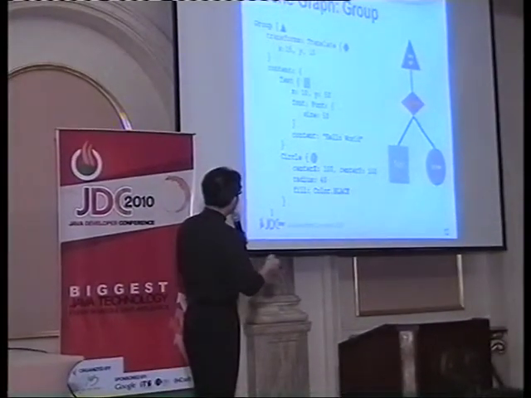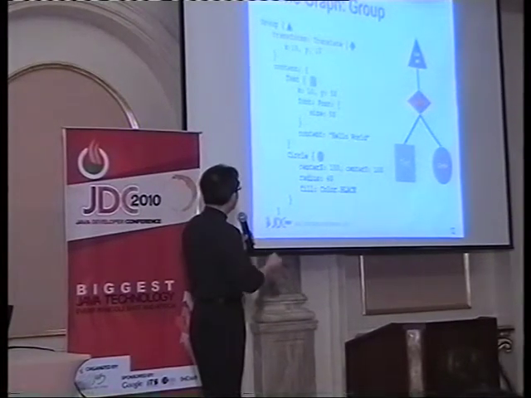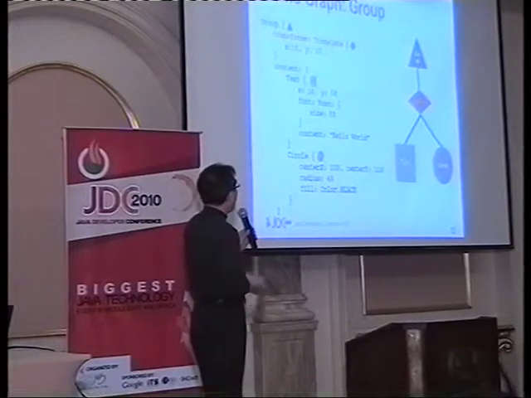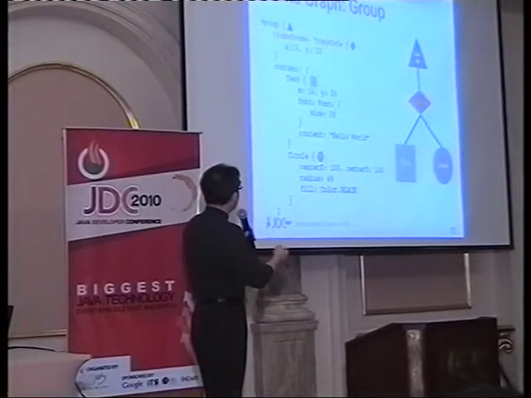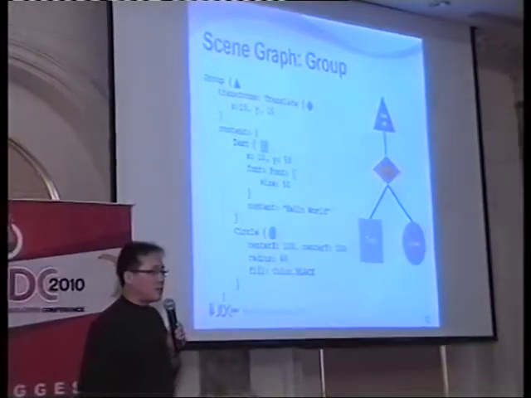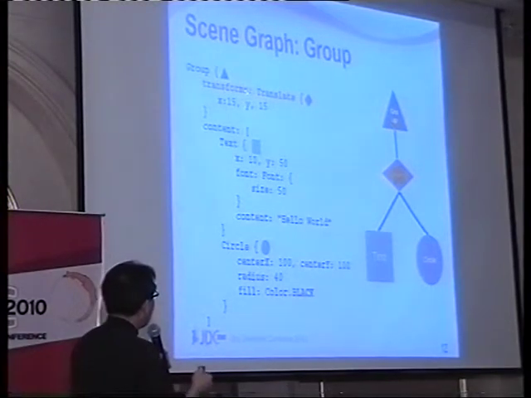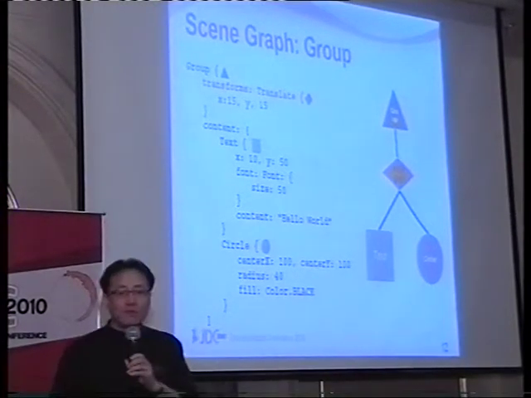So I have text and circle inside this content. Now, this is a group, a branch node that contains these two graphical objects, text and circle. Now, I'm applying a kind of transformation.